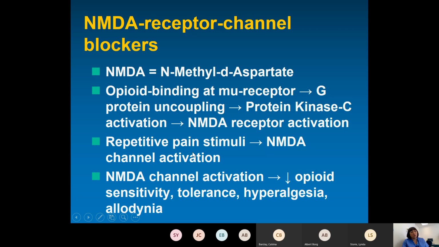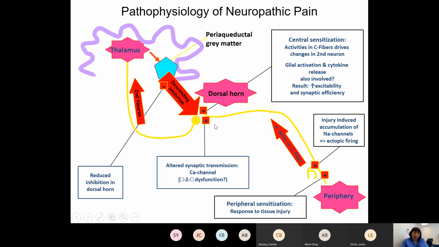So a really good drug to choose where you've got lots of neuropathic elements to the pain, you're trying to use adjuvants, and you have escalating opioid requirements because of this NMDA receptor channel blocker. So it works both here at trying to reduce the excitation, but it also works here at trying to improve the descending inhibition that you get, which becomes turned off when you've got persistent neuropathic pain.